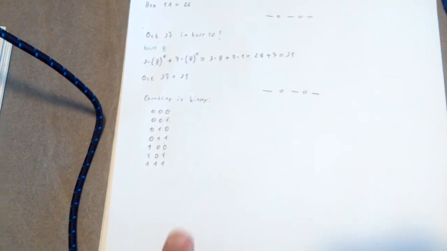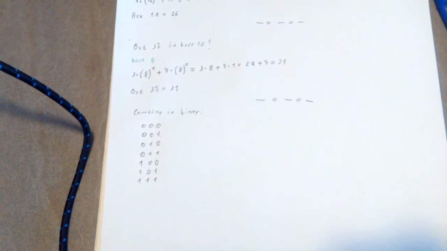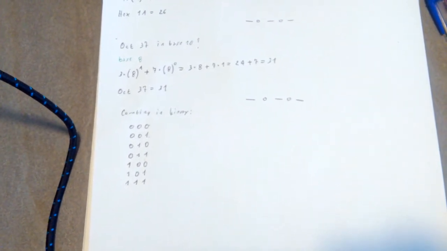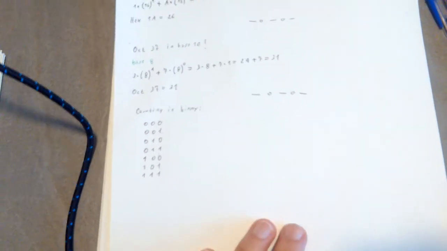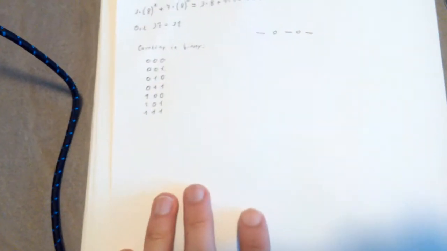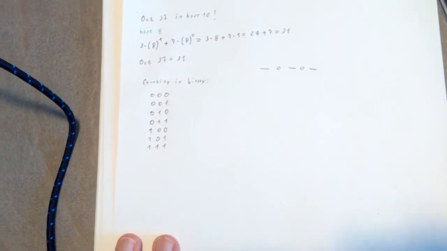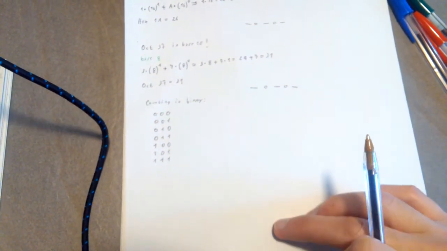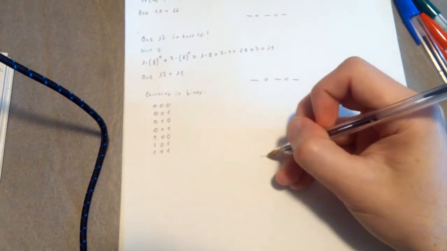Now, what do we do if we want to go from decimal to binary? And you're going to see why all of this is important in a moment.